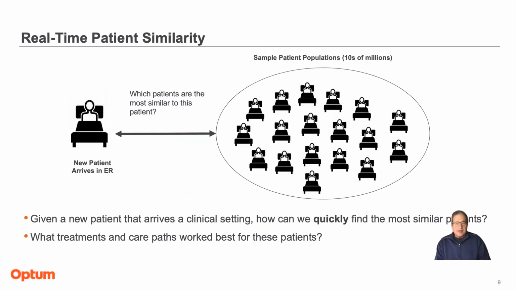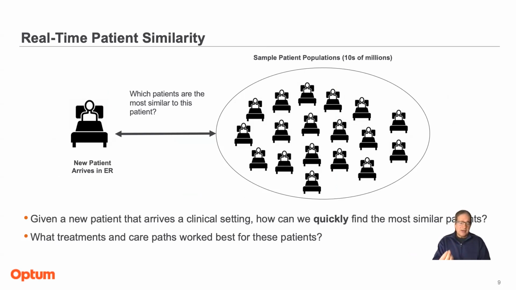One sample program is this idea of patient similarity. So imagine you have a new patient come into your emergency room or urgent care, and you do analysis of that patient and their background and their symptoms. You have 100 million similar patients in your database, and then you ask, how similar is this to my other 100 million?